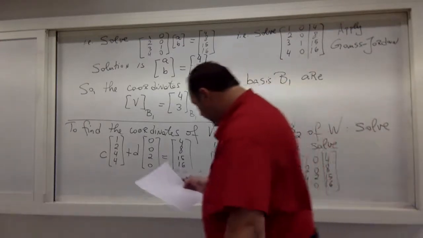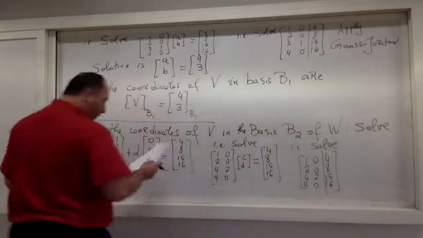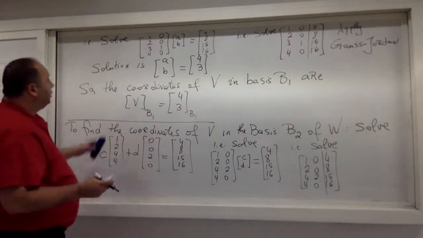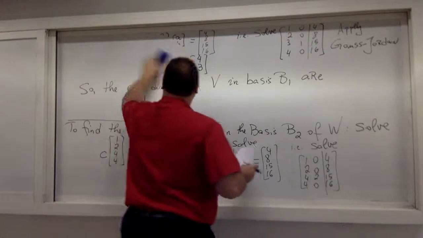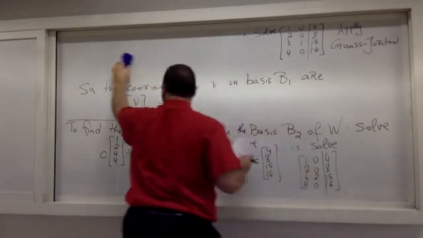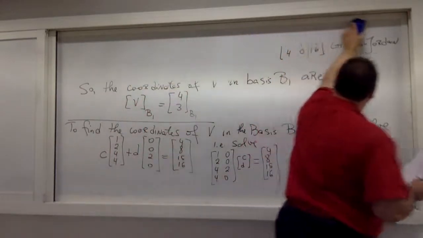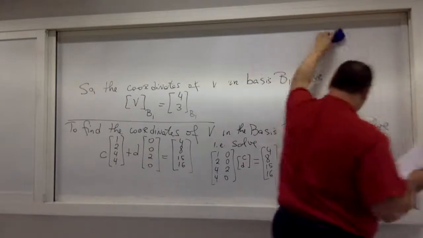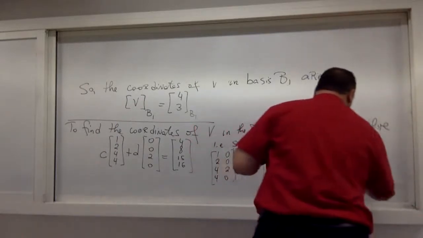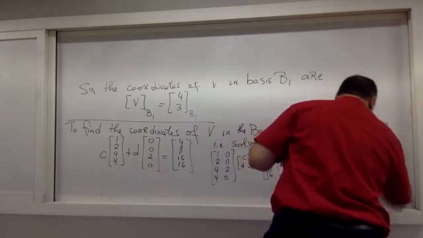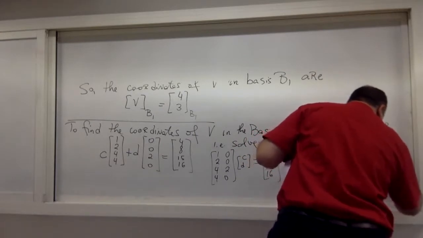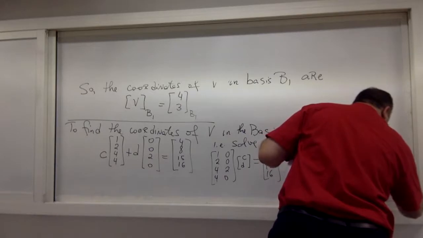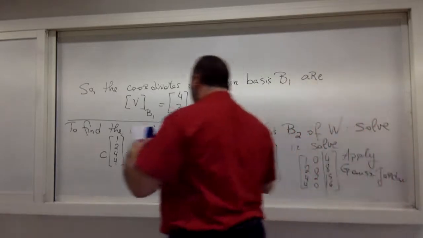Well, good news. Somebody worked ahead and found the solution. So the solution for this thing, which means the coordinates. So how do we do it? Again, apply Gauss-Jordan. It's always Gauss-Jordan. Chapter 1. Cool.